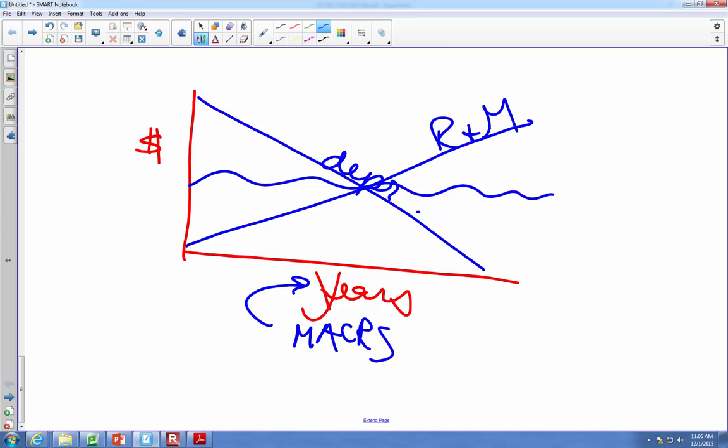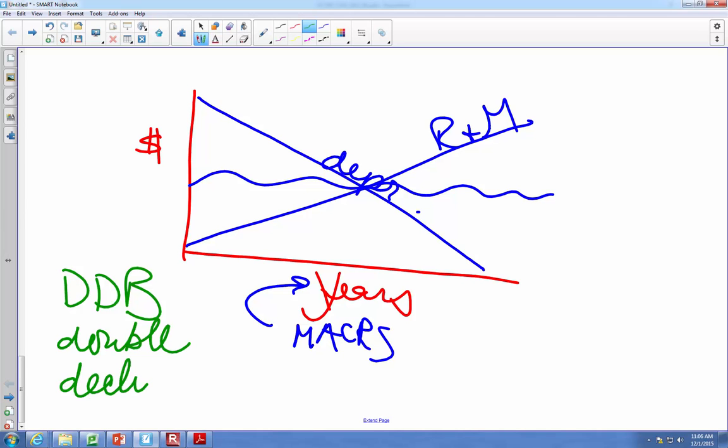That was the method that you learned in accounting 2, and that is what MACRS is based on, is DDB.